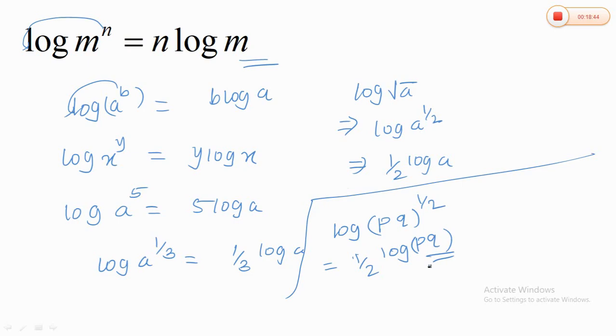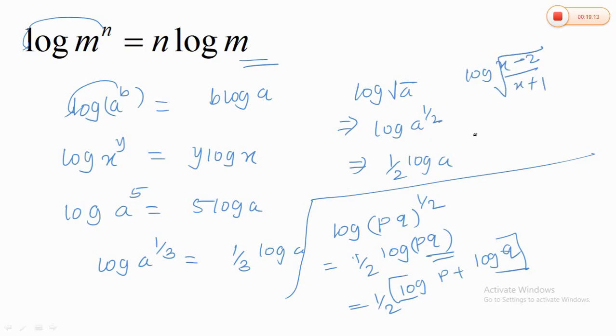Again apply the product rule here. Therefore 1 by 2 times log of P plus log of Q. And never forget, this 1 by 2 is common for the entire log, therefore put a bracket here. Similarly, log root of x minus 2 divided by x plus 1.